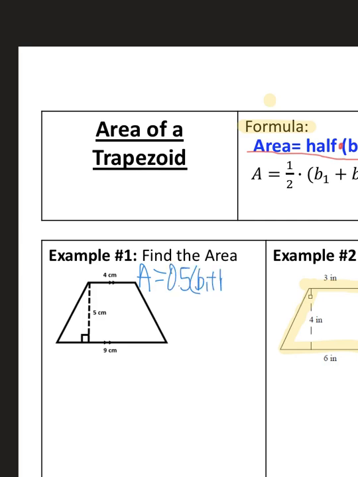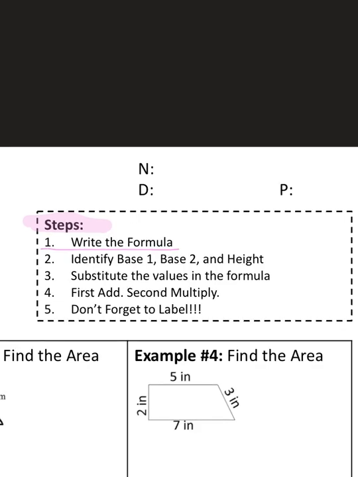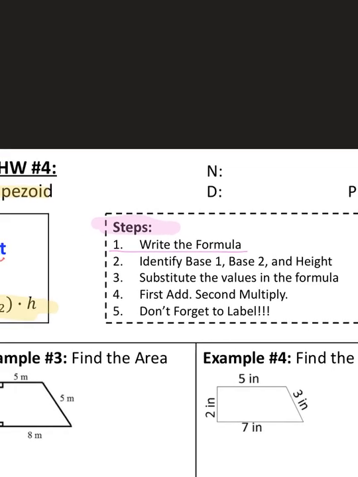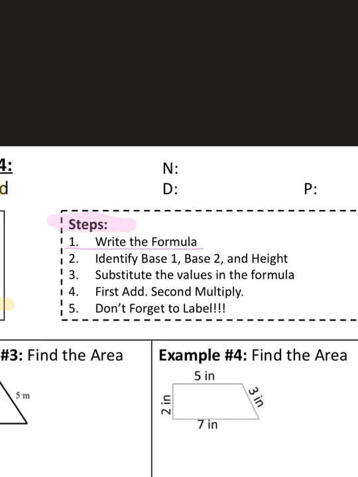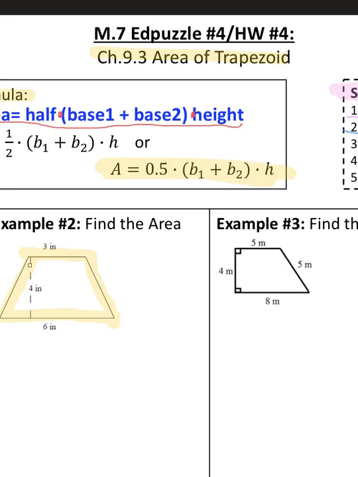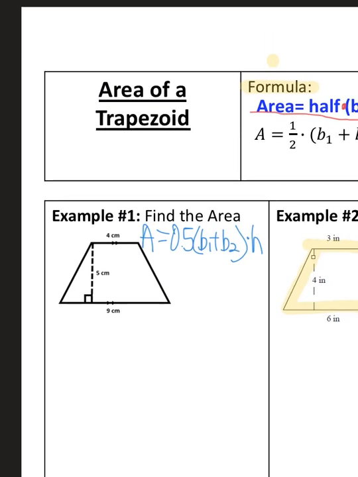And then let's look at step 2. Step 2 is going to tell us to identify base 1, base 2, and the height. So let's go ahead and do that right now. We need to identify base 1, base 2, and the height. Base 1, we'll put up on top.